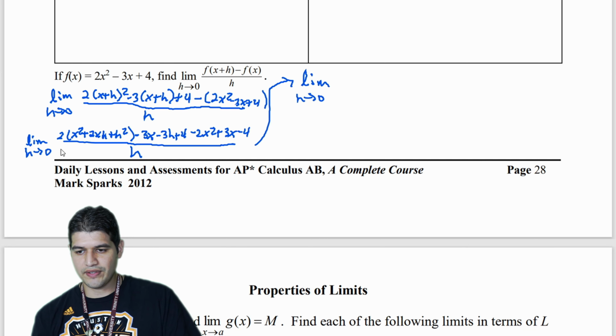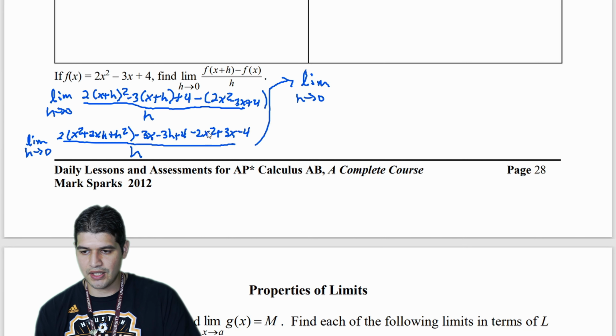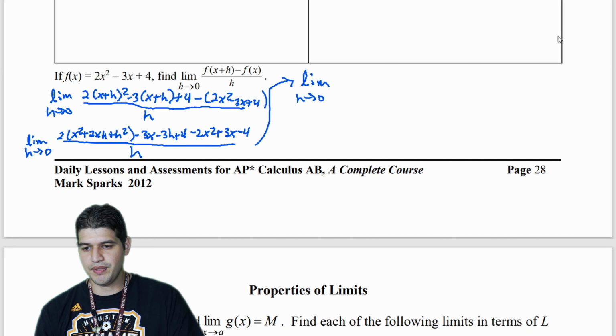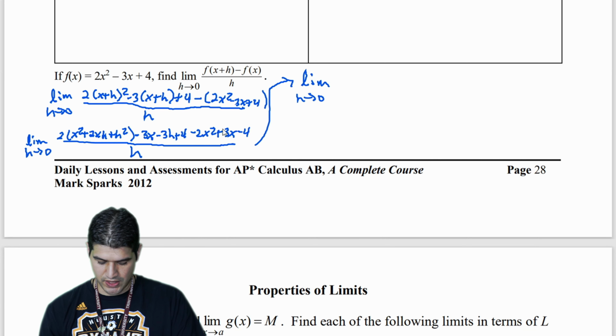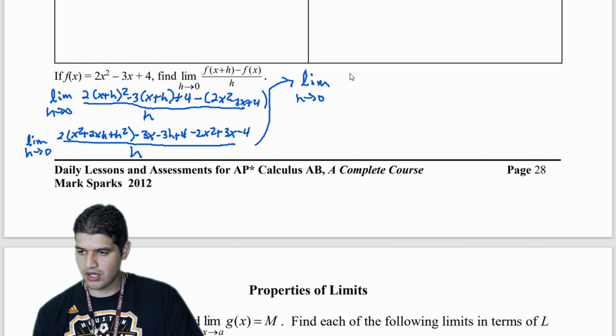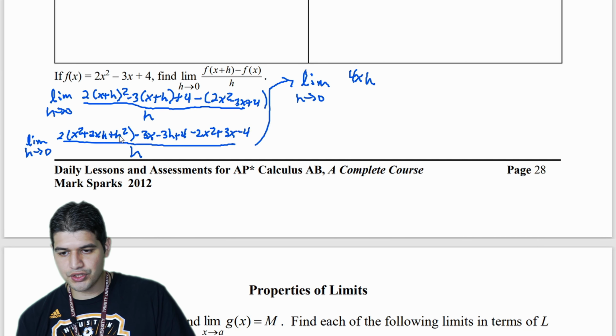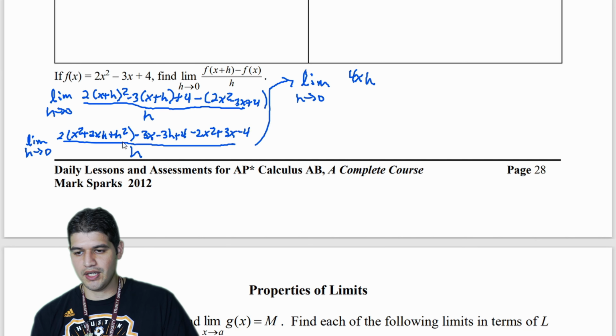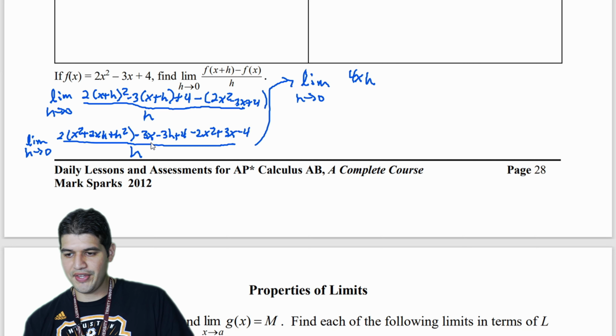So I have 2x squared, but that's going to cancel out with this 2x squared, so those are gone. And then I have 4xh, but I don't have any other 4xh's anywhere else, so I'm going to leave that here: 4xh. And then I have 2h squared. Do I have anything else to combine that with? No, I don't.